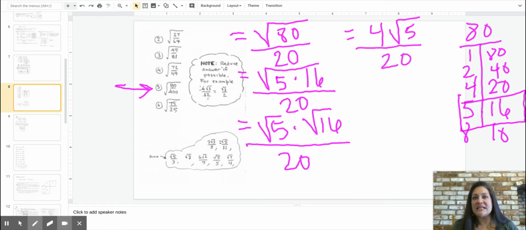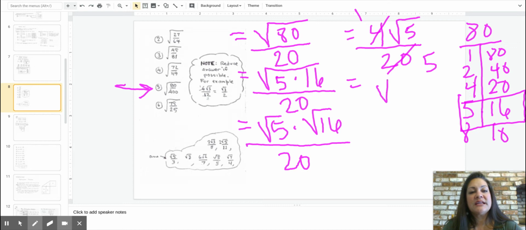But I'm not finished because I can simplify it. I see 4 over 20. 4 goes into 4 1 time. 4 goes into 20 5 times. So my answer is square root of 5 over 5.